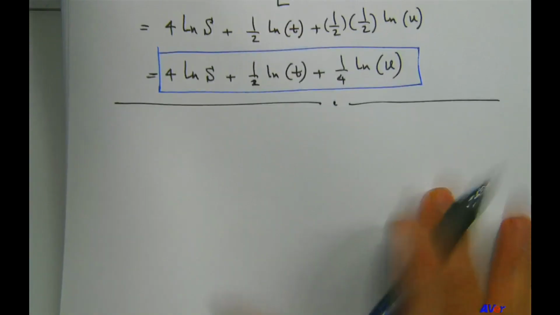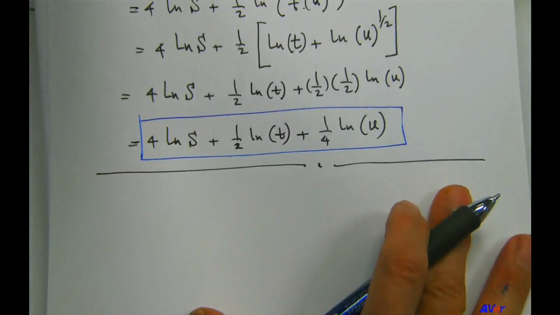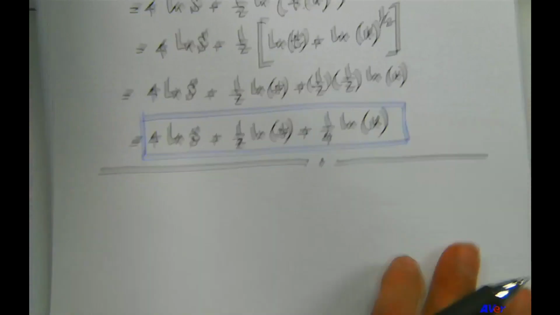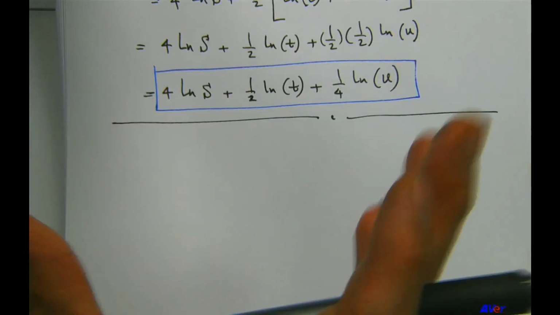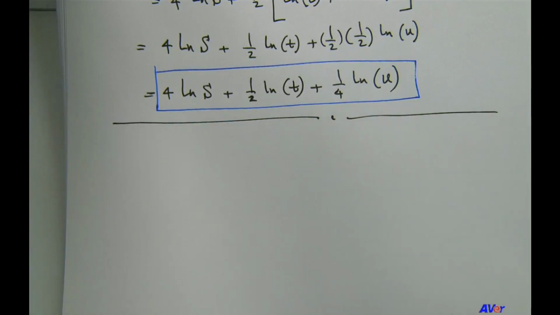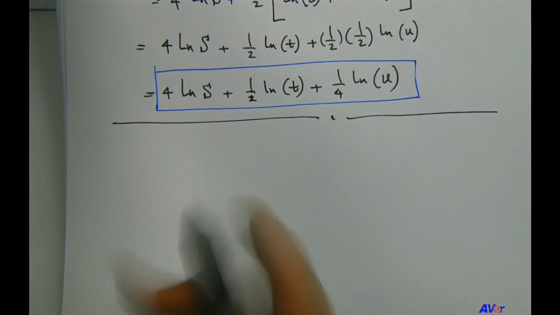So let's do the opposite of this. Here we expanded. Let's go the other way around and take a logarithmic function that is in expanded form, and contract it into as small and as compact of an expression as we can.